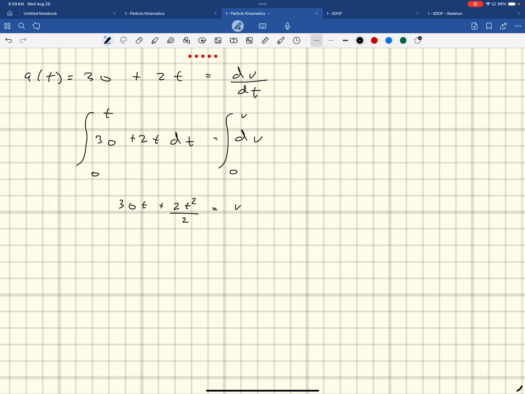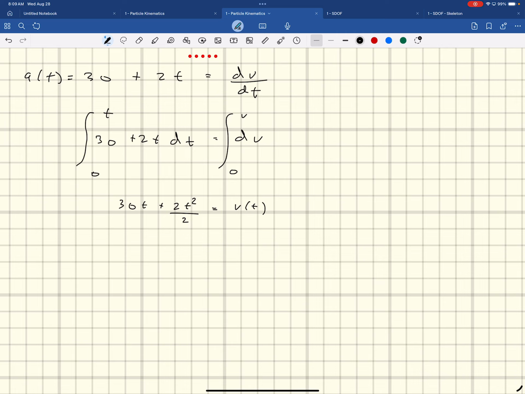So I carried out the integral on the left-hand side and the right-hand side, right? I was able to do that one in my head, but you don't have to. If you have a calculator, you just plug that in. It's a simple one, but you can just plug that integral into your calculator and put the bounds on it like that. The one on the right is just going to be v minus 0, so it's just v right there. And so now we have velocity as a function of time. Just by integrating, we get velocity as a function of time.